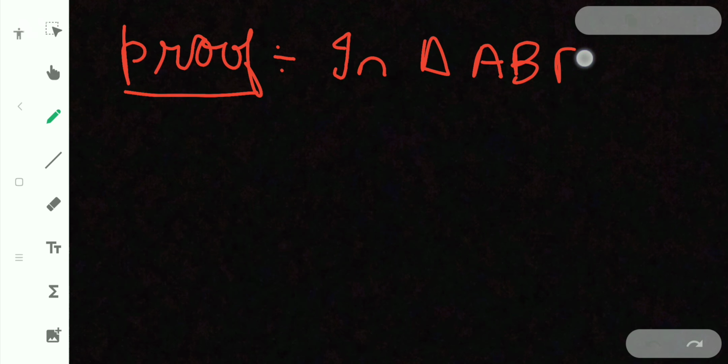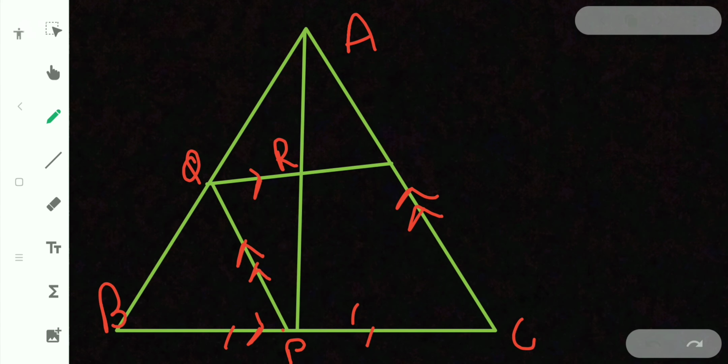Proof. Now in triangle ABP, first just consider this triangle. QR is parallel to BP. That is given. Actually, Q and this whole line is parallel to BC. They have already said. I have not drawn it parallel, but it is parallel as it is given in the question.